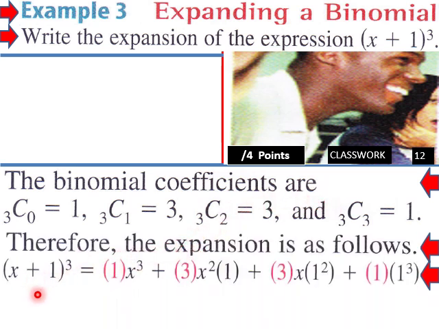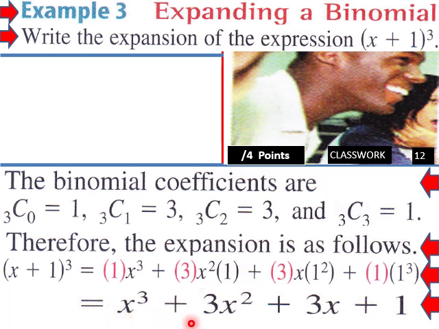Therefore, the expansion is as follows: 1, 3, 3, and then 1, and then we follow with our x powers, 3, 2, 1, and then 0. X to the 0 power would be 1. So x cubed plus 3x squared plus 3x plus 1 would be the expansion of this expression here.